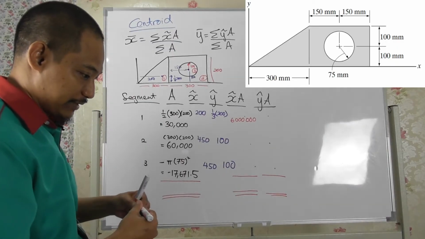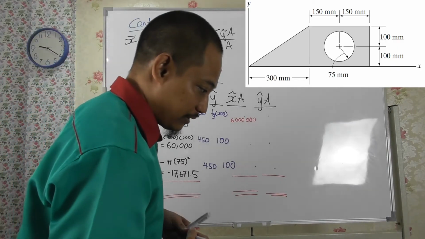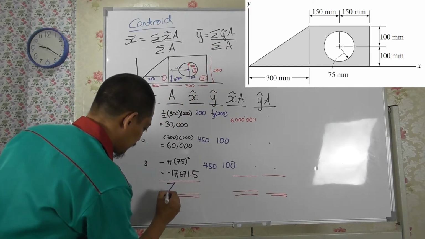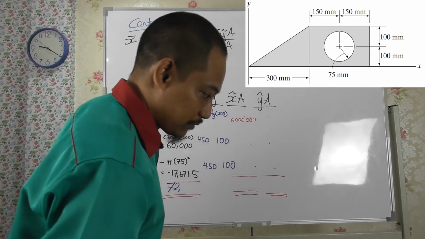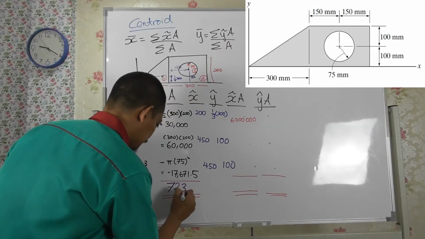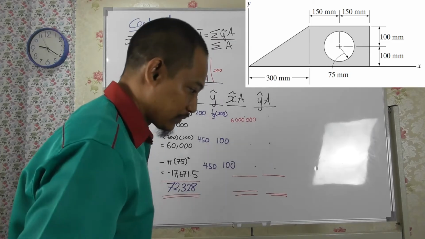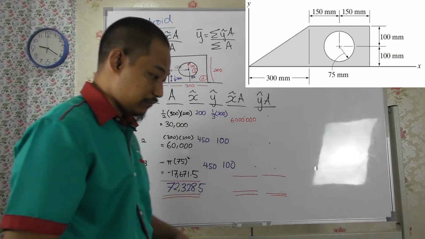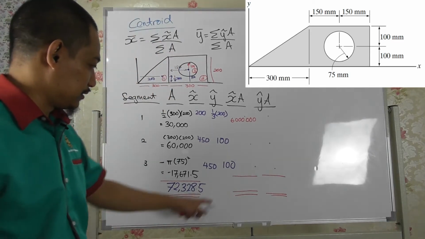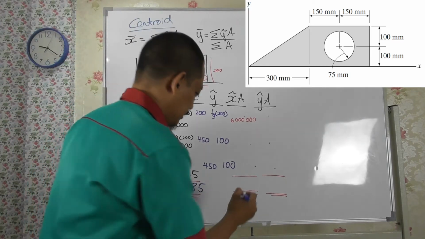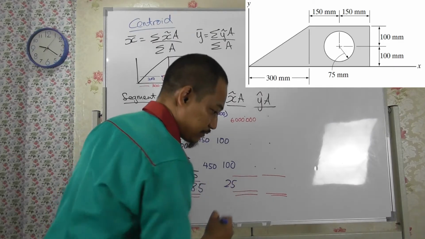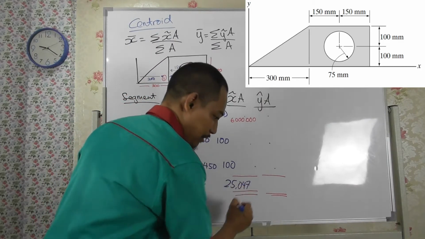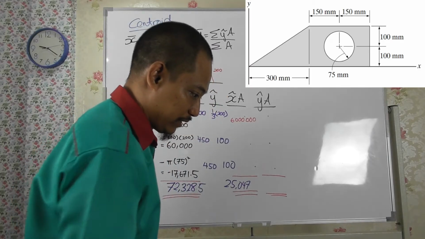So if my calculation is correct, if you add up this thing, you'll get 72,328.5. And then this one, if my calculation is correct as well, this will become 25,047,825.